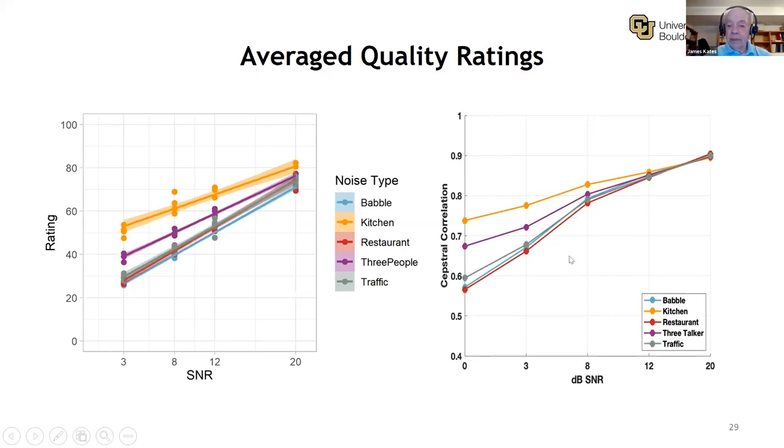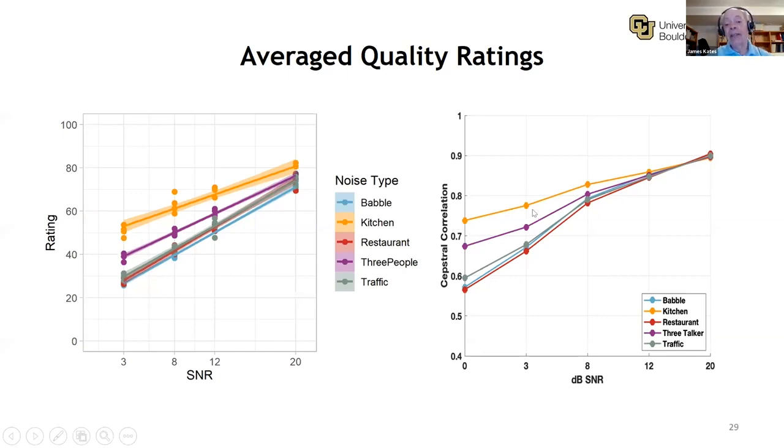On the right-hand side, what we have is the envelope correlation, the envelope variation term in our quality model. We can plot that as a function of SNR, and we can see that the general shape for each of the types of noise that we used agrees very nicely with the subject ratings.